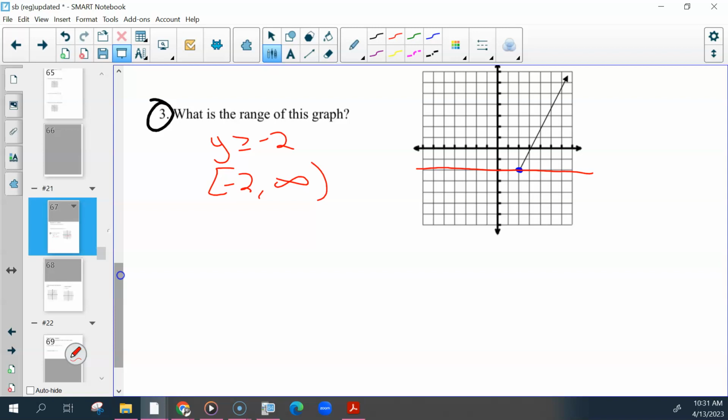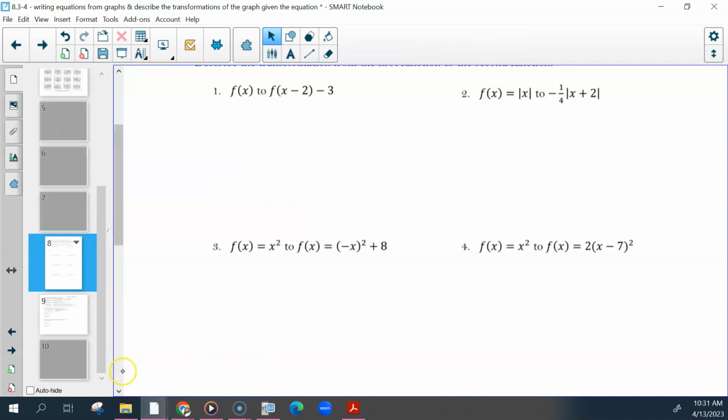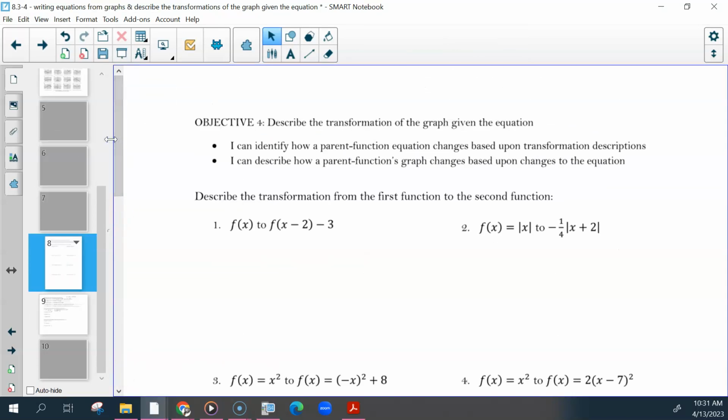Today's lesson is short. I don't know if we'll finish it before lunch, but it is short. So you should all have this in front of you. What's nice about today's lesson is if you've been paying attention to your transformations, this should be easy for you.